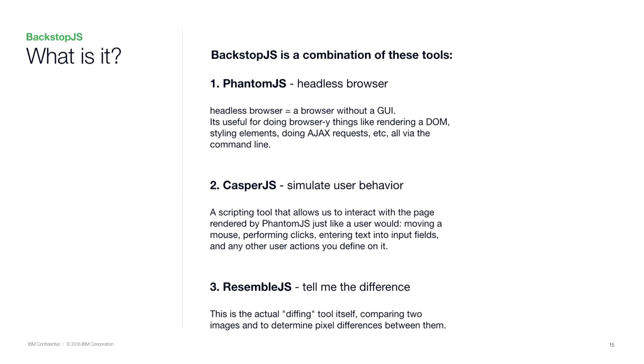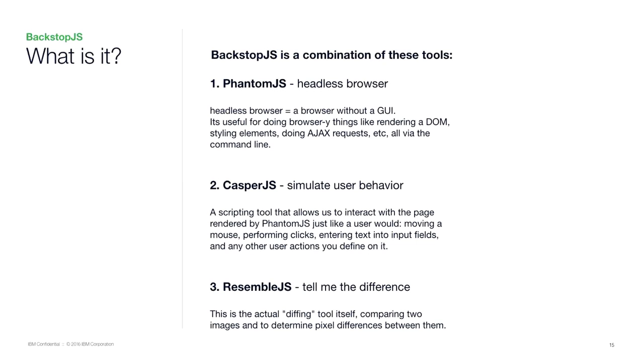On top of PhantomJS, we have Casper.js, which is created to simulate user behavior: clicking on buttons, going to different pages, entering text in the input fields, any type of usery thing. And then we have Resemble.js, which is the actual diffing tool that looks at those two screenshots, your baseline or reference screenshot against your test screenshots, and says, hey, did anything change here?